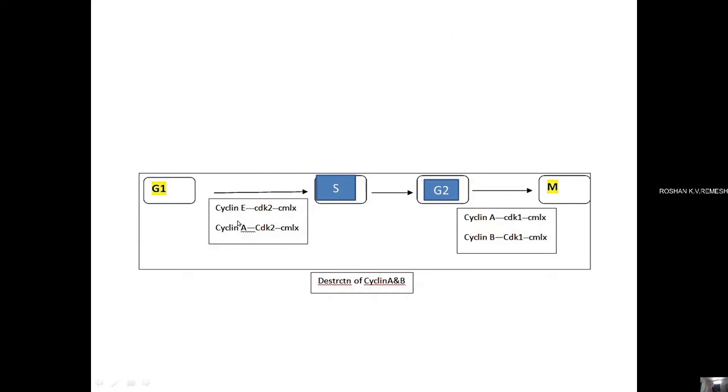We have already studied that cyclin E and cyclin A along with CDK2 drive the cell cycle from G1 to S phase. These cyclins and CDK2 will be activated only at the end of the G1 phase. They are normally called G1 cyclins.